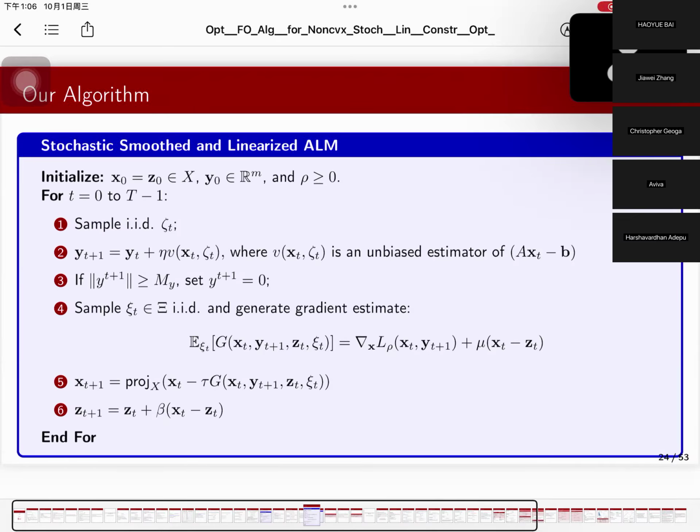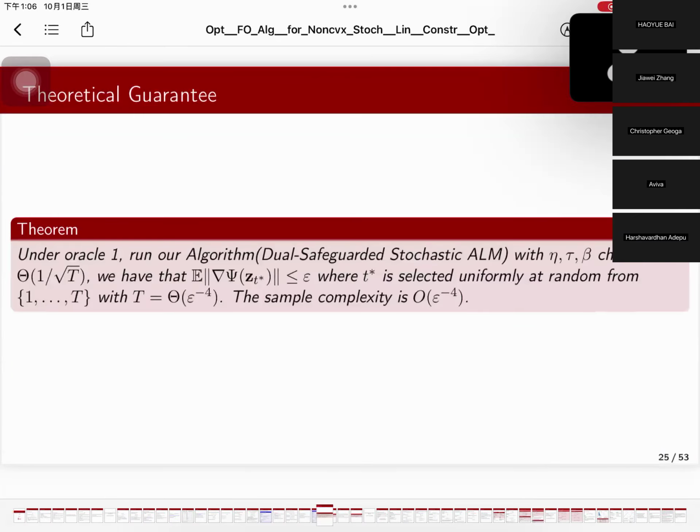And we keep the theoretical guarantee. For this problem, under mild assumptions, we can show 1 over epsilon to the power 4 sample complexity, which matches the lower bound for stochastic optimization under this first type of oracle.